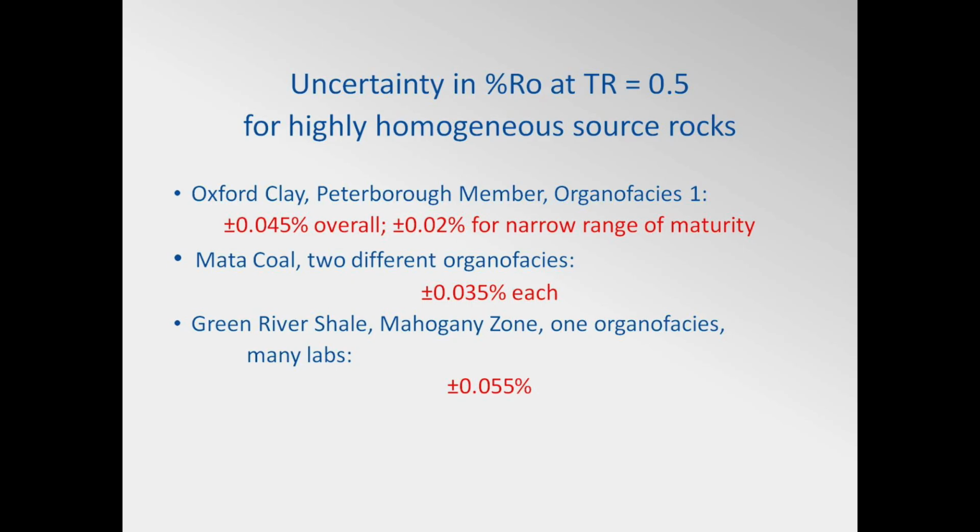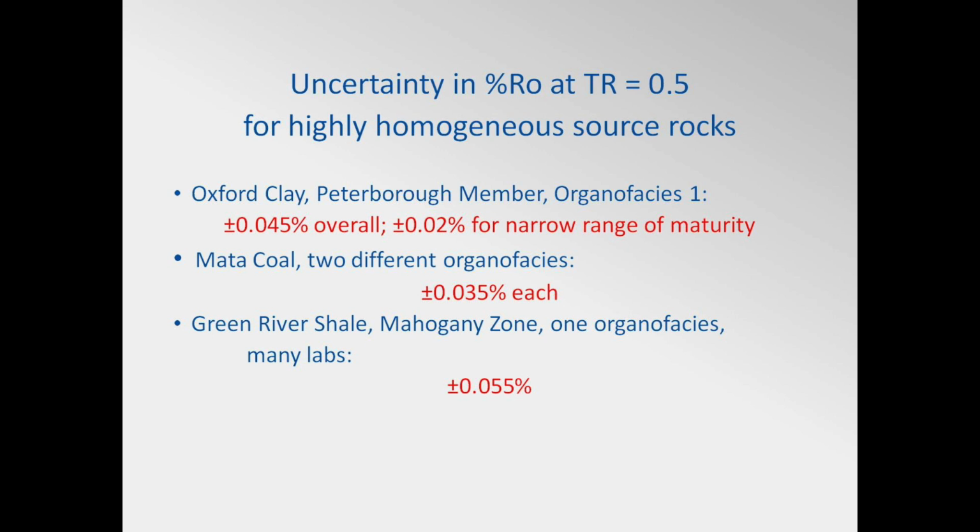To summarize, for the Oxford clay, where we've tried hard to minimize variations in kerogen type and have done the best processing possible, which are extremely immature and apparently of variable degrees of pre-generative evolution of the kerogen structure, we know the percent RO at any desired transformation ratio to within about 0.045%.